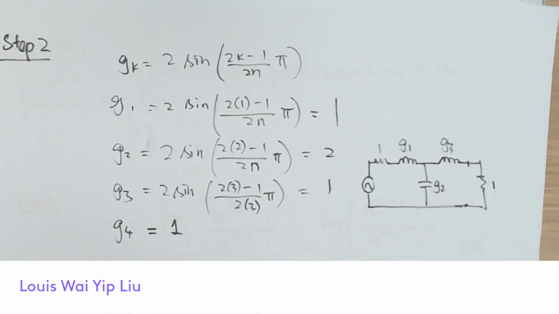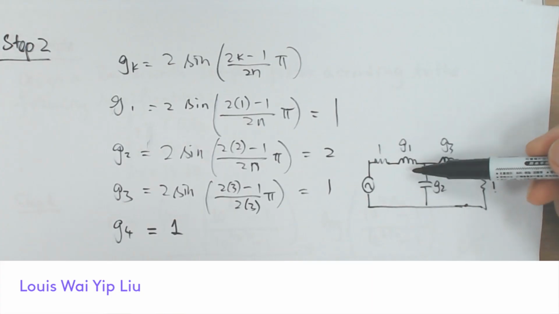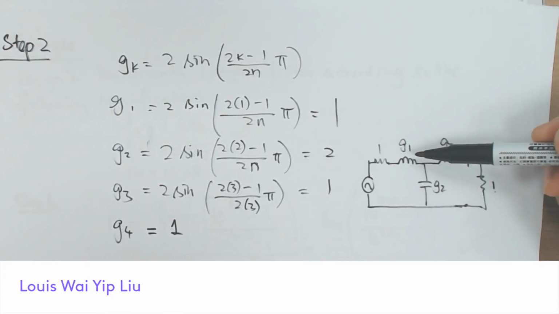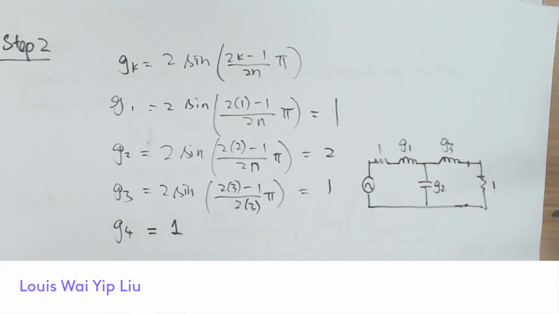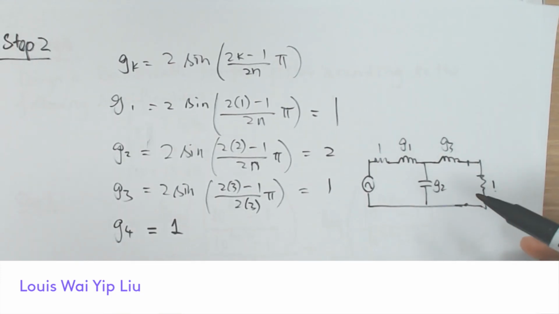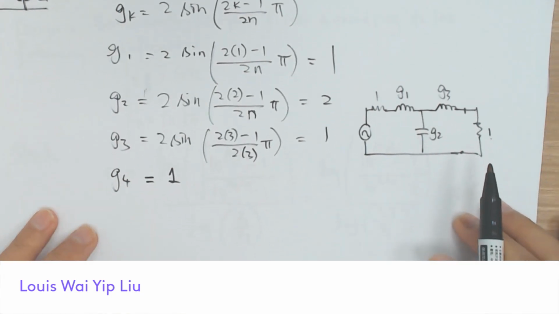But obviously, you don't want this filter because at microwave frequency, you will not be able to come up with the correct discrete values. So what should we do? We are going to replace all these lumped elements with distributed elements, the so-called open circuit stubs and short circuit stubs.